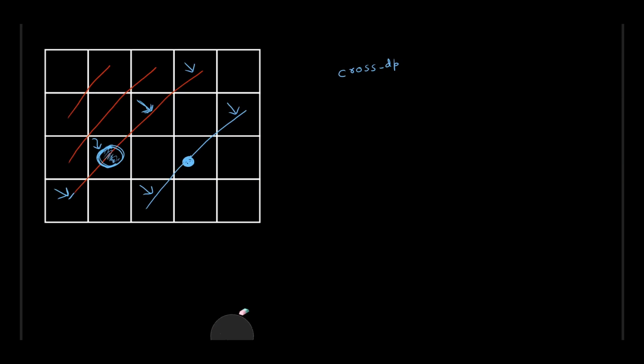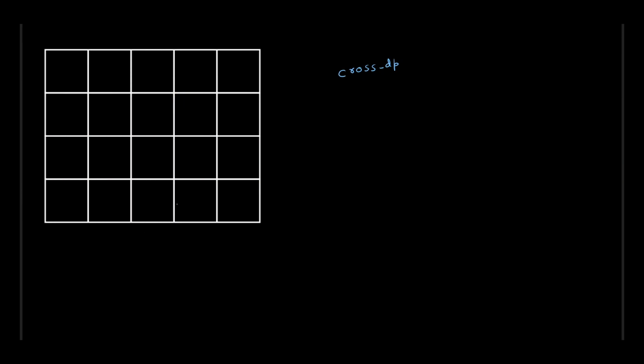So all you have to do is, for the cell that you are changing, look at all the anti-diagonal elements and compute their best cross dp on the anti-diagonal. Now it might look like O of length of the anti-diagonal time, because you will have to traverse that entire anti-diagonal and then compute the cross dp.